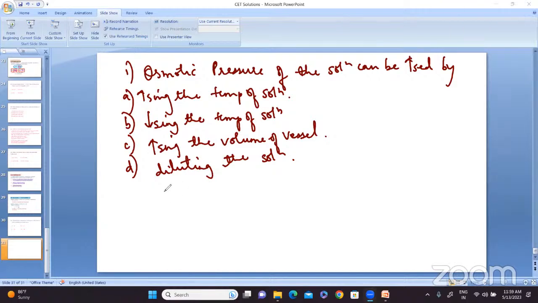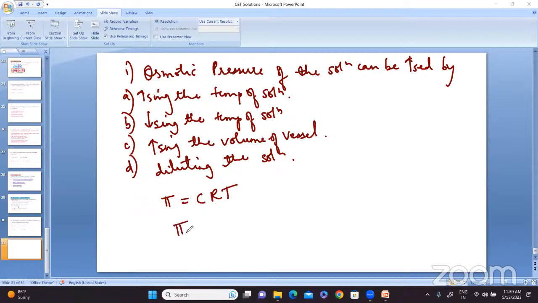See here, you know that the osmotic pressure of a solution is affected by what? It is affected by its concentration of solute and temperature, right? C is mole per liter, T is Kelvin.